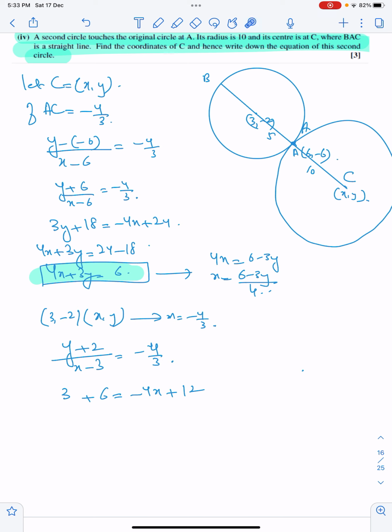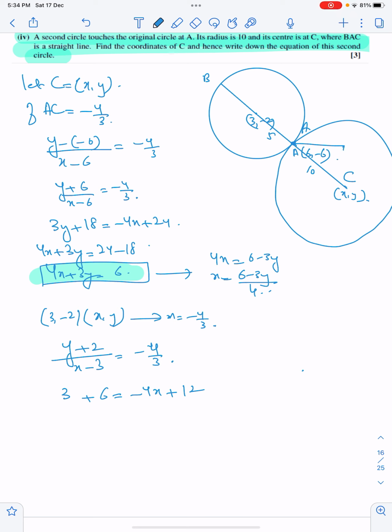I can use some concept of this is 5 units. These are 10 units.